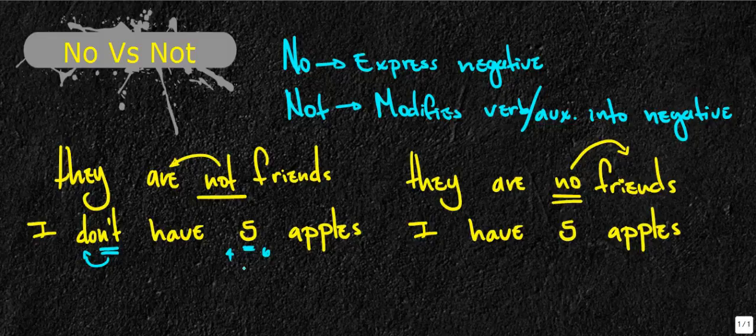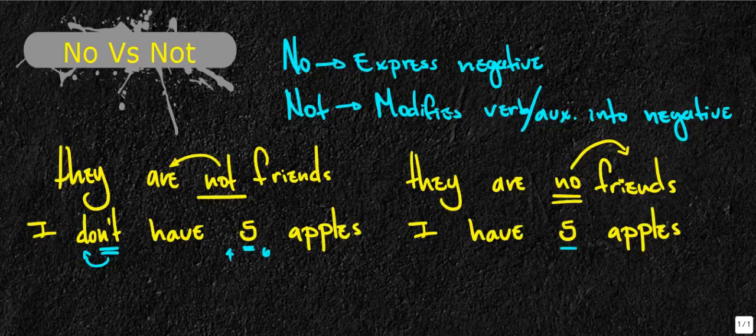Right? Now, let's change this into negative using no. Now, I cannot put no here. Yeah? Because no does not transform the verb. All right. I am going to put no to transform apples.